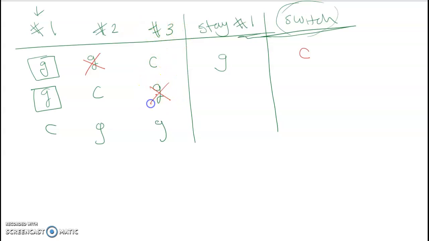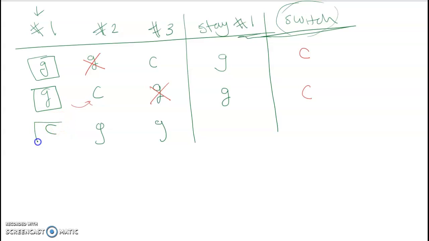He shows door number 3 and asks, do you want to stay with your original choice, or do you want to switch? Staying will result in the goat again, and switching would get the car. So again, for this case, switching would be a better move than staying with door number 1.